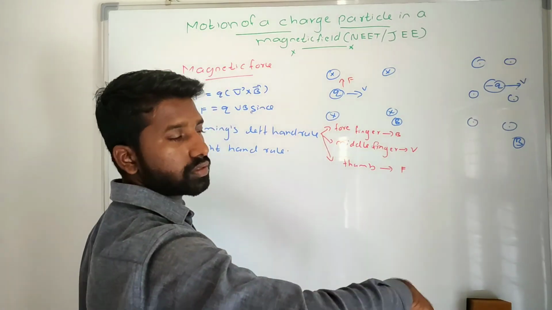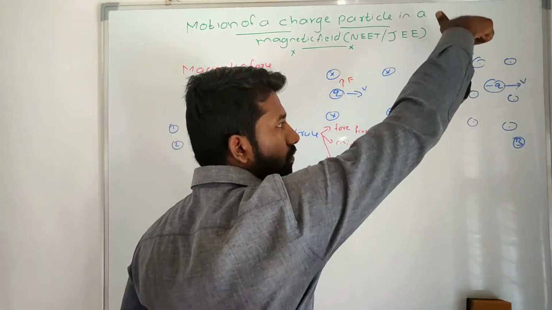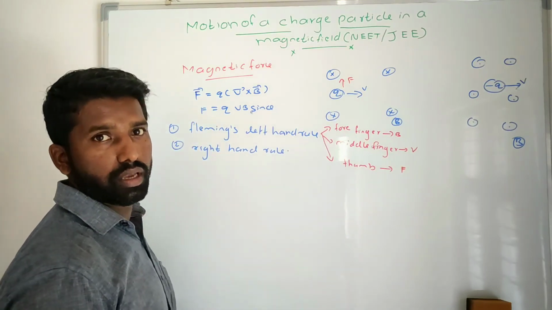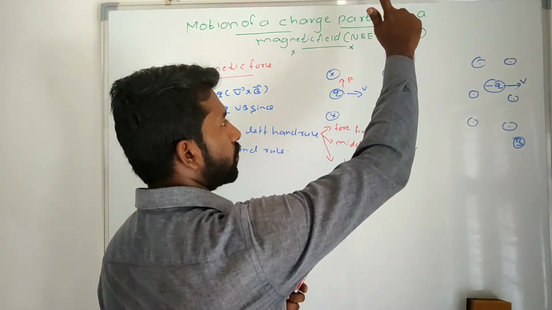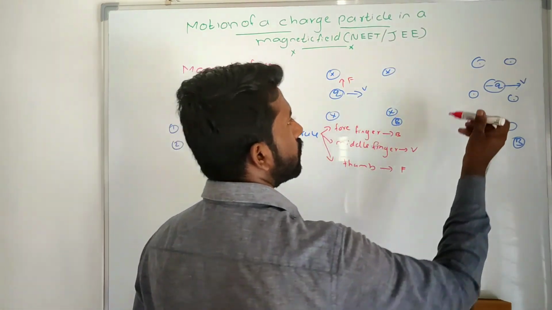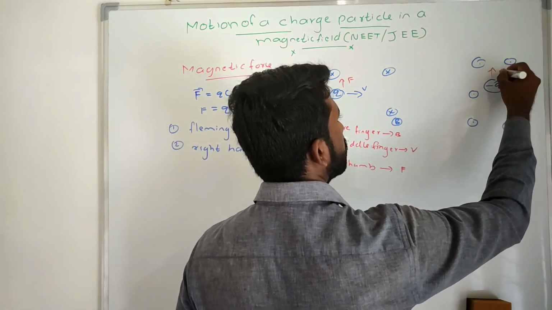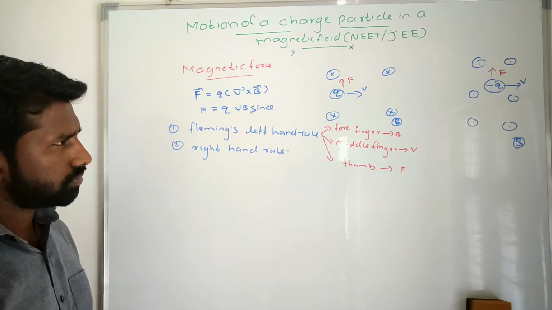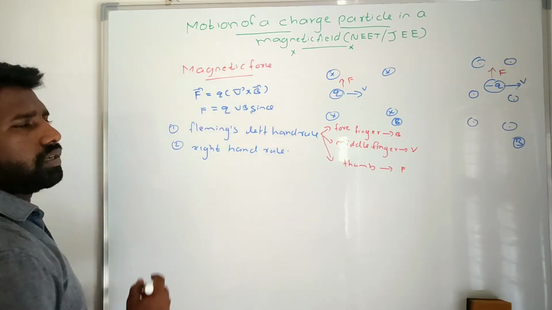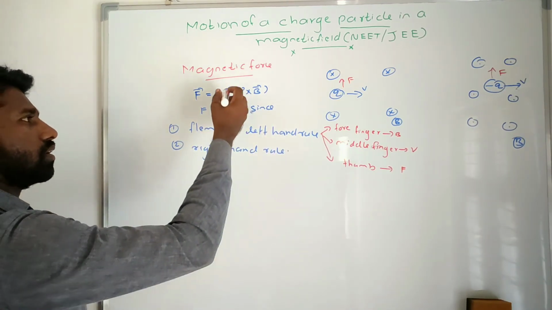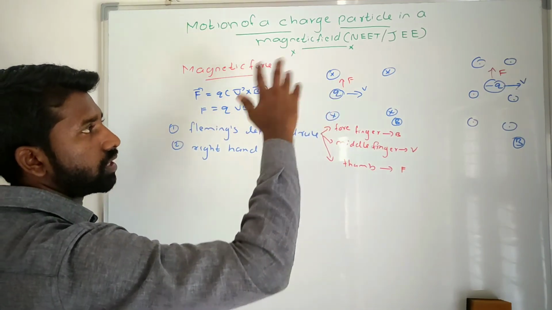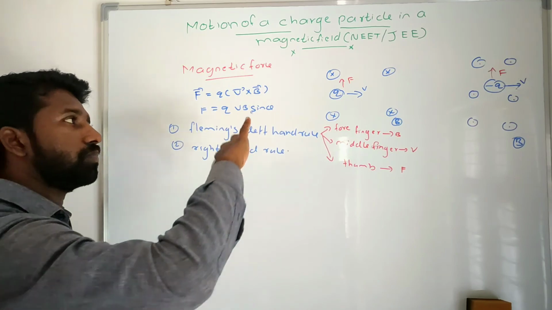If it is a positive charge, the force would be in this direction, but it is a negative charge, so the final direction is upwards. Okay, this is the force direction. Clear?